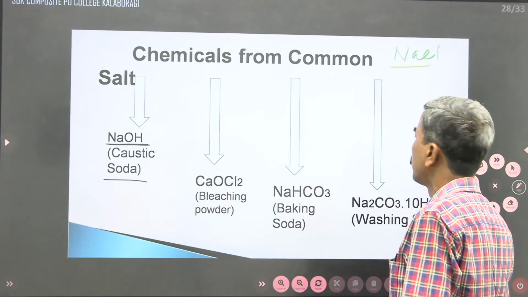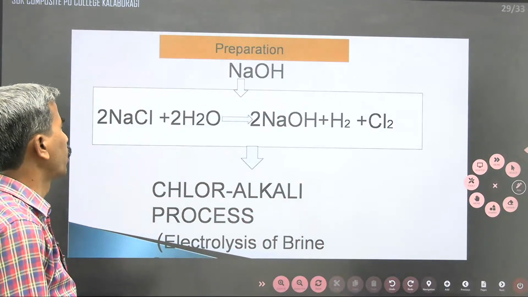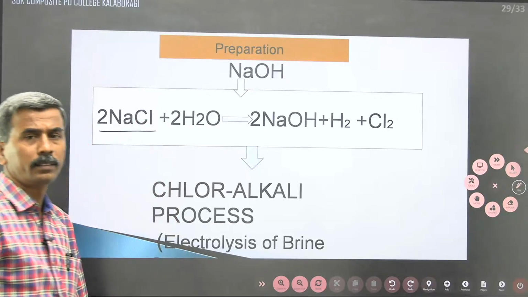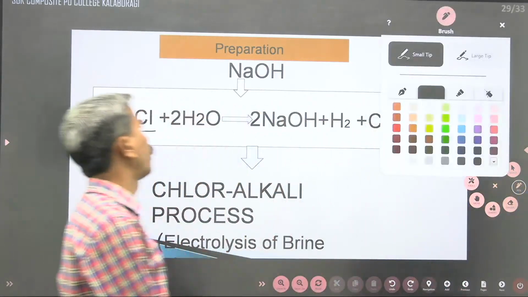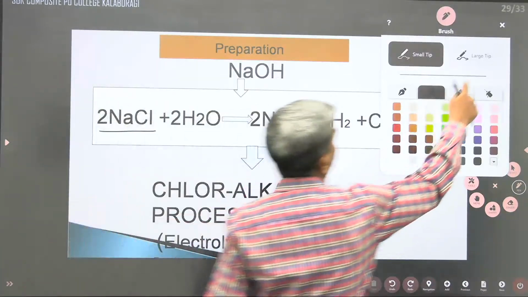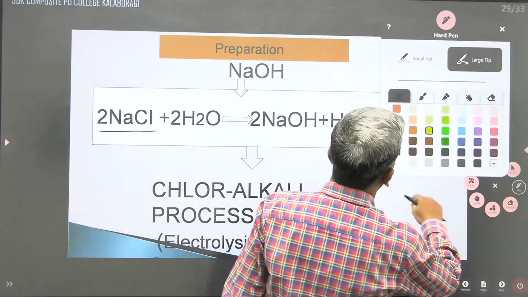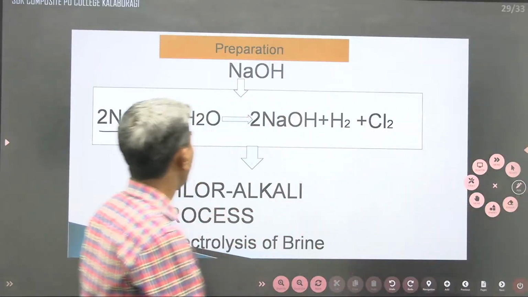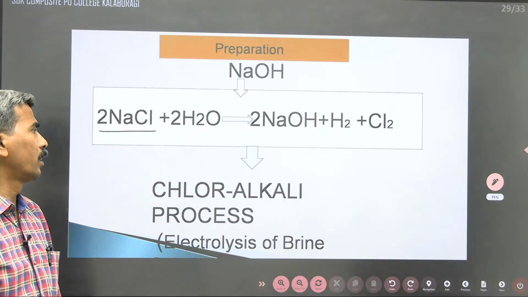You take the sodium chloride solution, which we call a brine solution. When you subject it to electrolysis, we get sodium hydroxide, and the other byproducts, hydrogen and chlorine, are liberated.